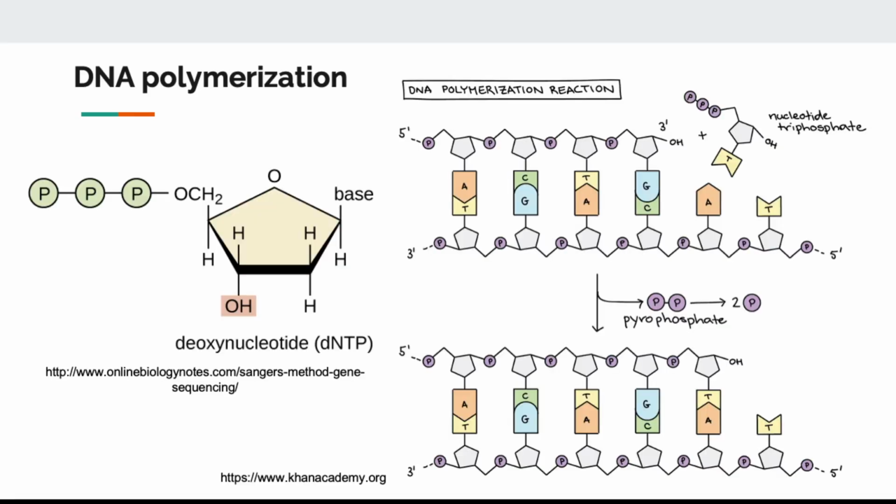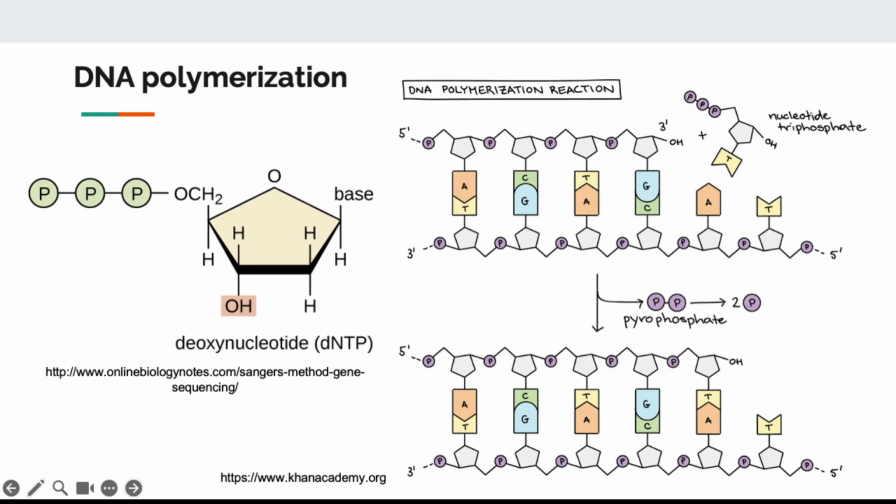Just in case any of you are not familiar with the sequencing techniques, everything starts with the discovery of DNA polymerization, the fact that in our cells we can duplicate our DNA by having individual nucleotides incorporated in a polymerization reaction, so we can generate a new polymer from a template.